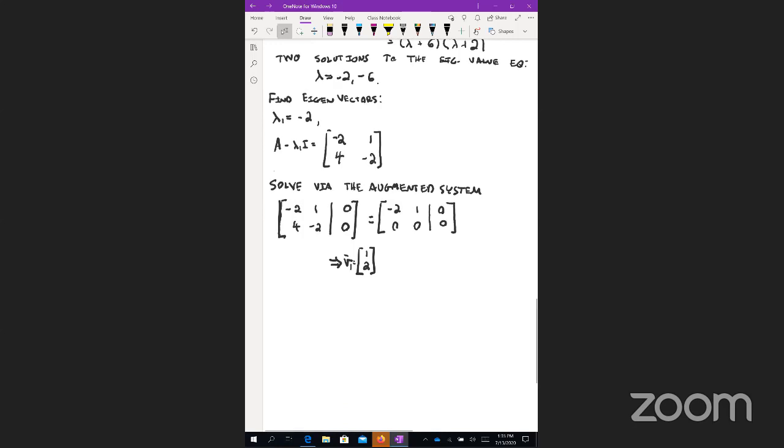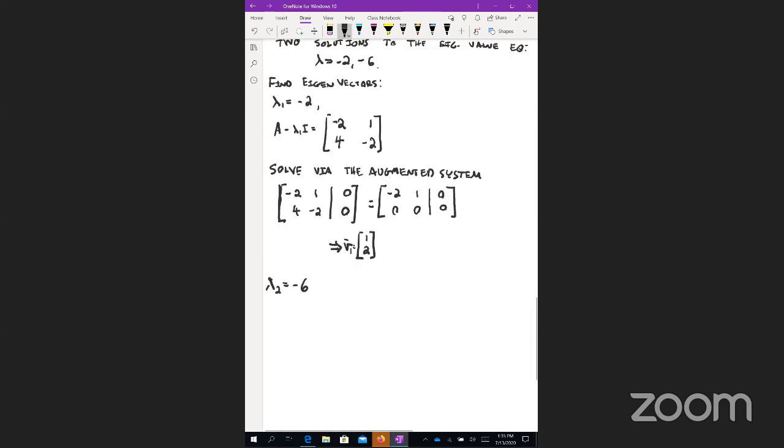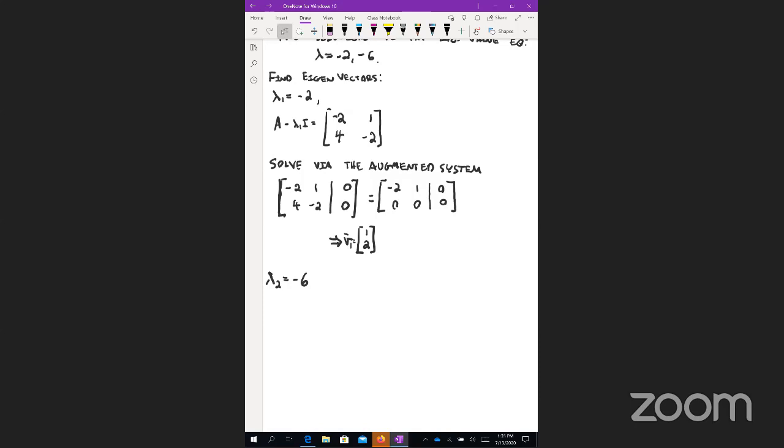So, okay, great. So this is eigenvector 1. Let's look at 2. So for lambda 2 equals -6, take a second, erase me, what do we get?